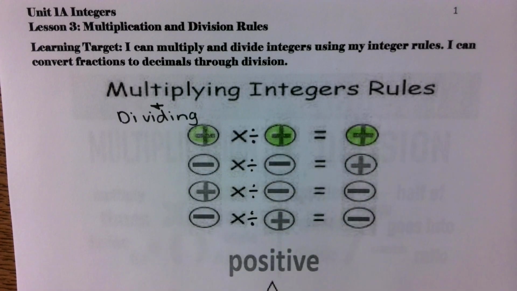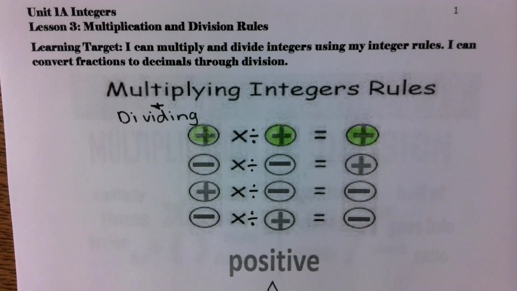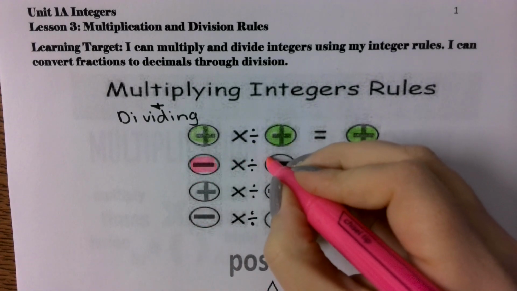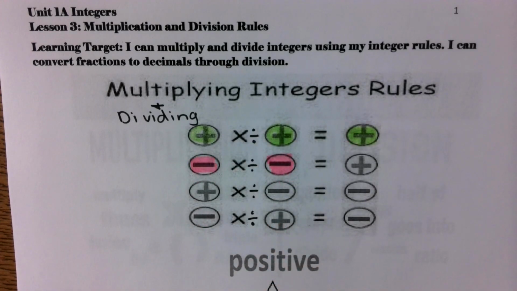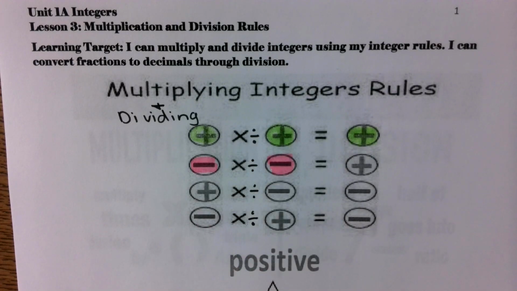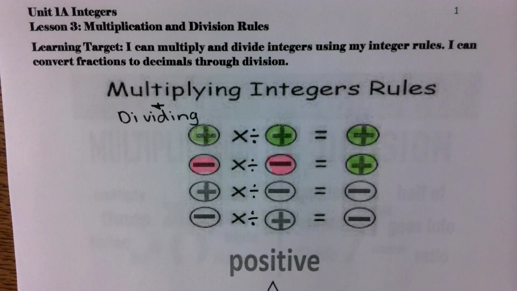If you divide positives by a positive, it'll give you a positive. But we don't just have positive numbers. Sometimes we have negative numbers. So if we're dealing with a negative and we're multiplying or dividing by a negative, that is also going to give you a positive.